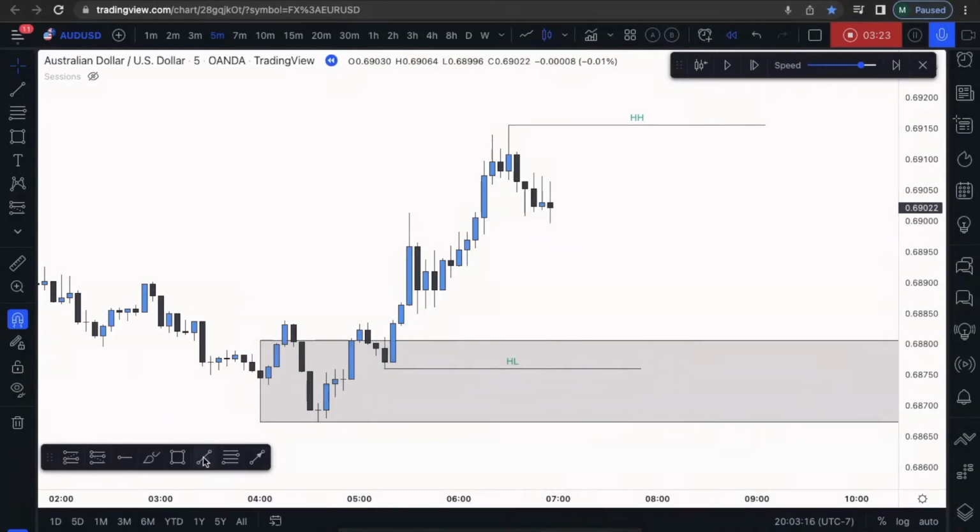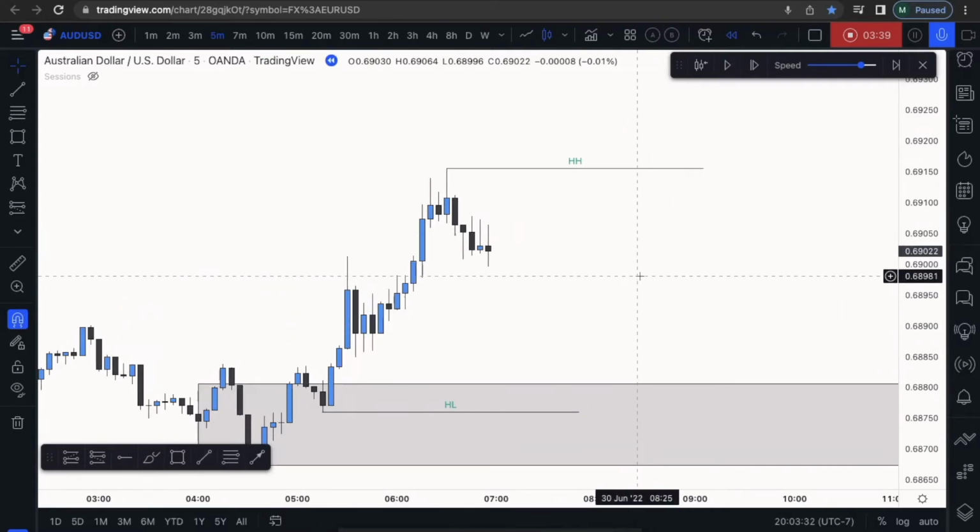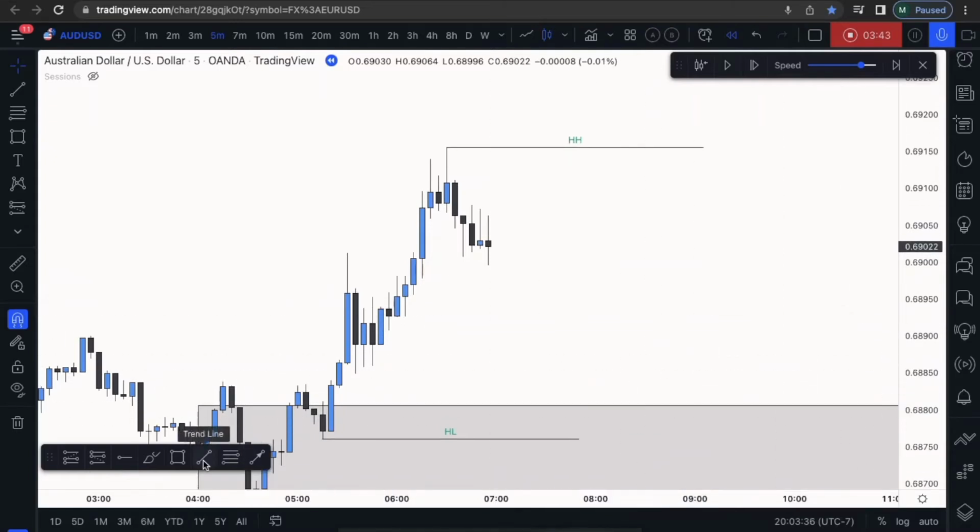So I was looking for an alternative trade setup, which is sign of weakness. Whenever price breaks two short-term lows or short-term highs, that is considered to be a sign of weakness, and that is a reversal pattern.